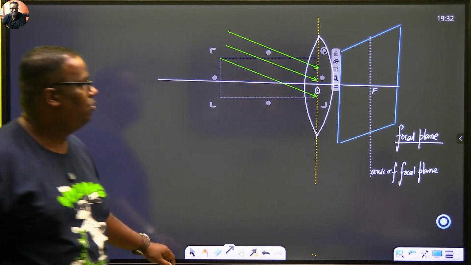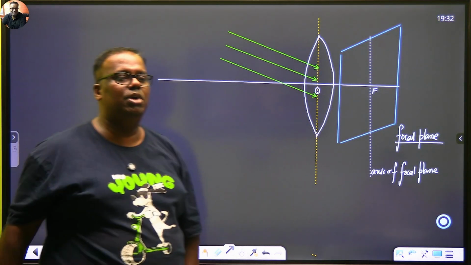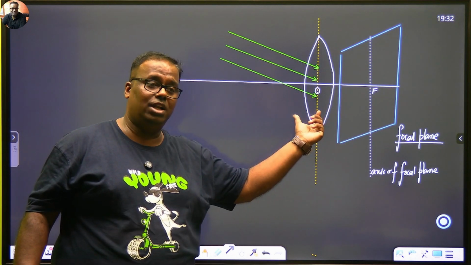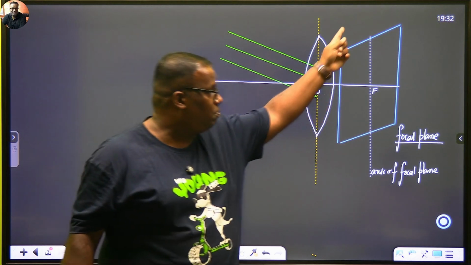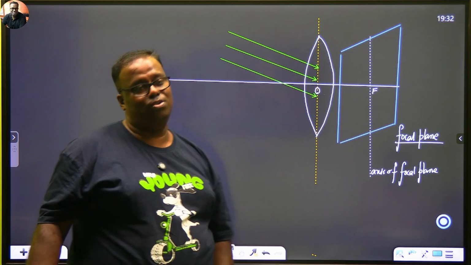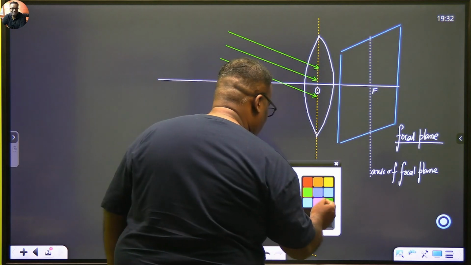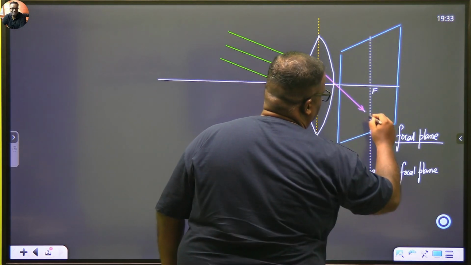What happens to these type of rays? These rays will also converge, because it's a convergent lens. They will not converge at the focus. They will converge at a point on the axis of the focal plane. Why this was drawn by me, you will understand when we actually do a particular case, and there it will become clear.